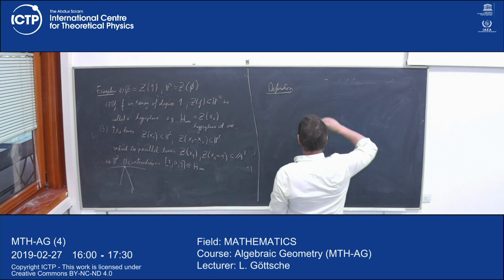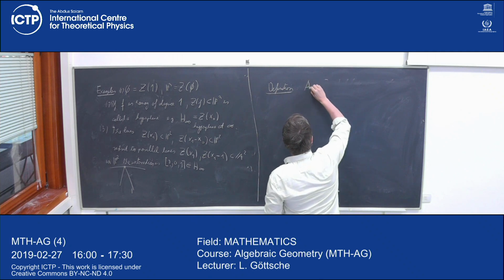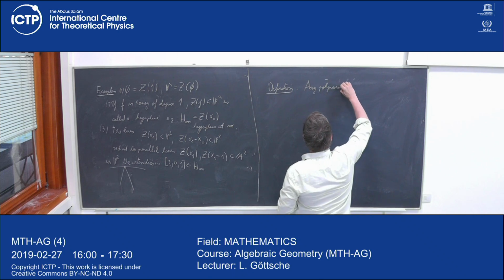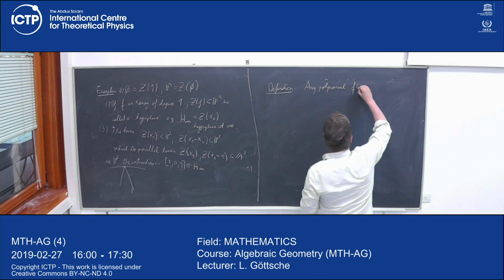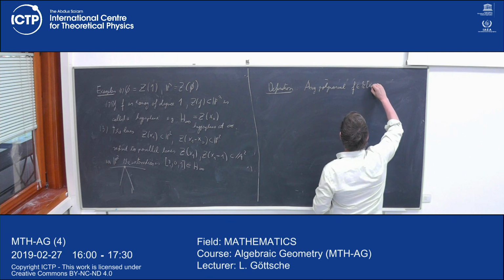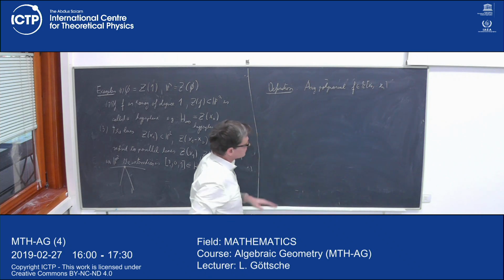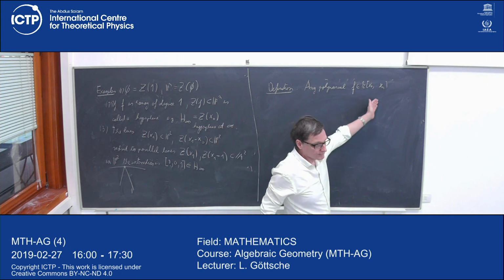So if I take any polynomial f in our variables x0 to xn, you can group together the monomials of the different degrees.